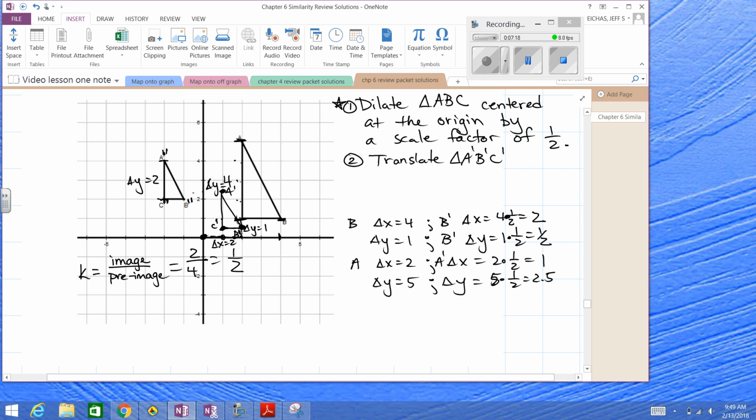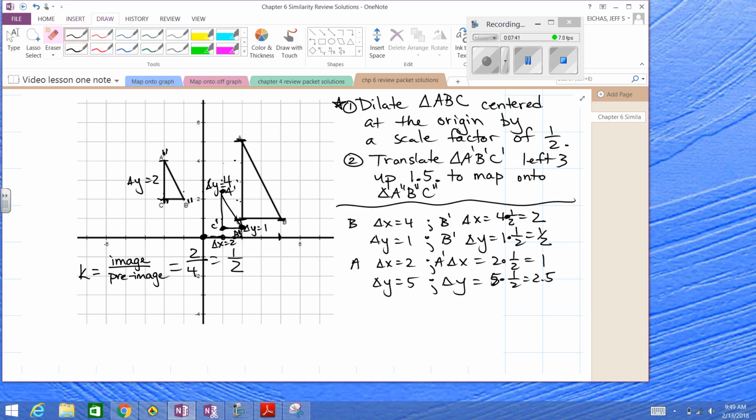So we're going to go 1, 2, 3 to the right, or 3 to the left. So left 3, up a half, 1.5. To map onto triangle A double prime, B double prime, C double prime. So that's what we're going to do.